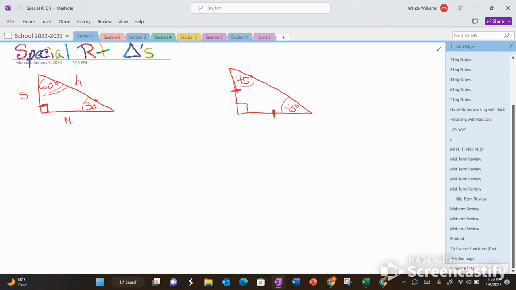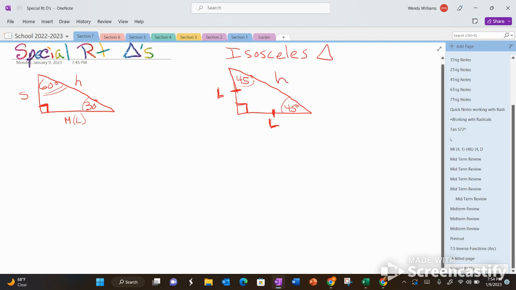So I'm going to call this small, longer leg, because it's longer than the small leg, and hypotenuse. And on a 45, 45, 90, these two legs are exactly the same, because we said it's an isosceles triangle. And then we have the hypotenuse.